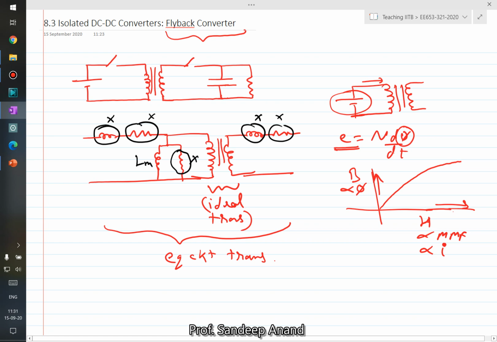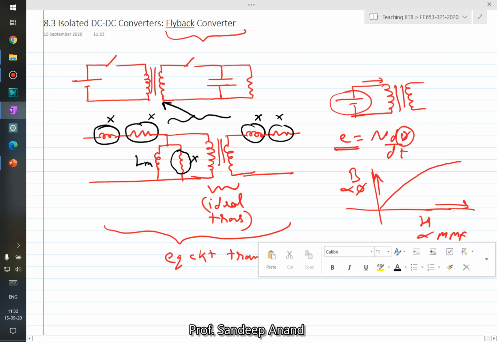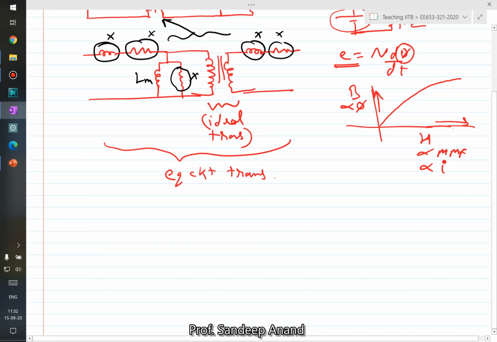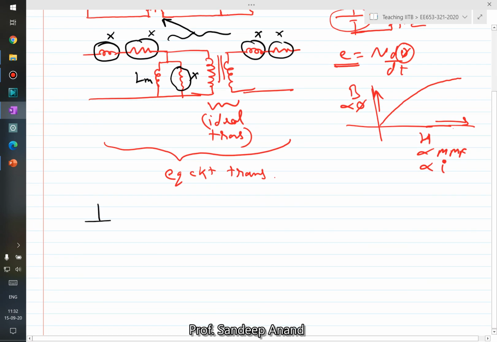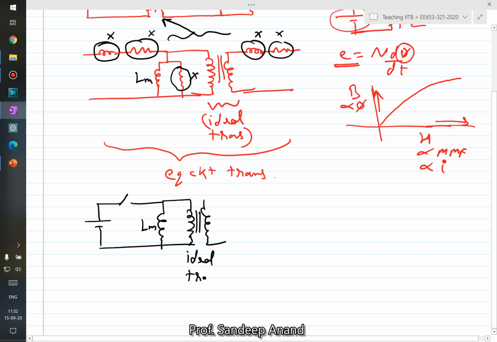So I would replace the transformer with this equivalent circuit and redraw the circuit below. This is Lm. This is the ideal transformer. Let me also put dots, as per the convention, and this is the remaining circuit.